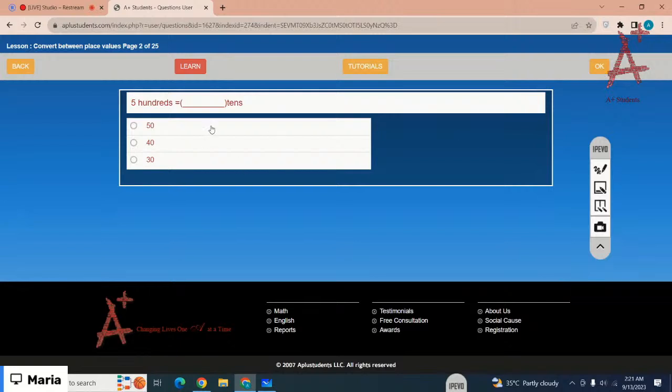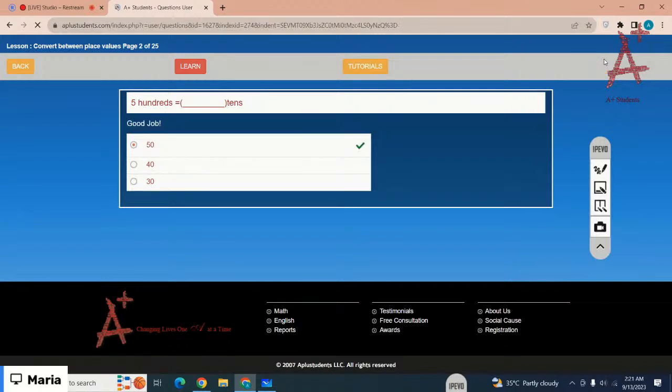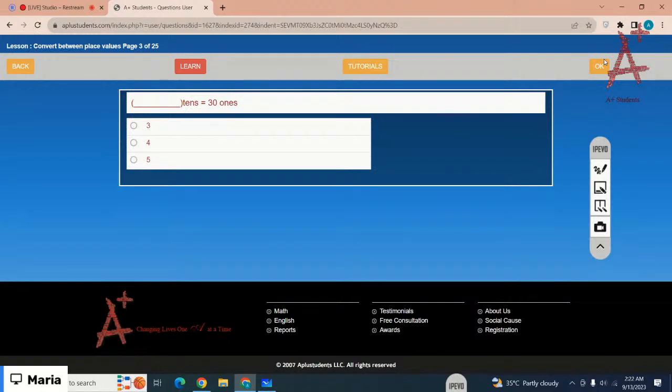The correct option is 50. 30 equals how many tens? That is 3 tens equal 30. The correct option is 3 tens.